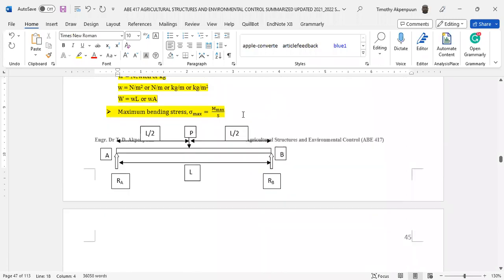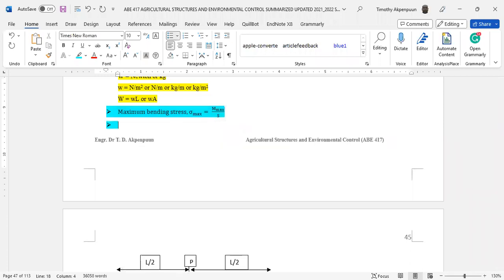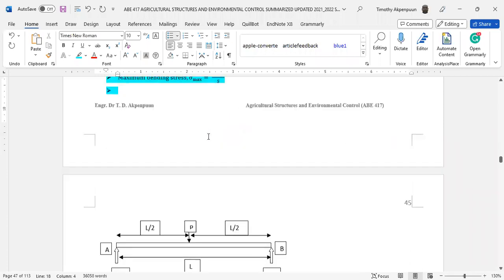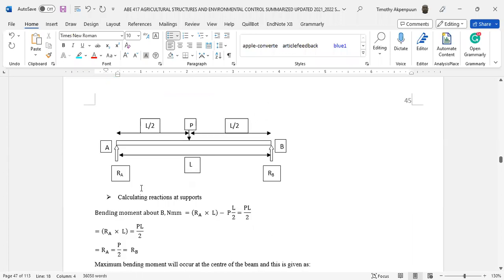So look at this equation now. Maximum bending stress, sorry. You have your M max over S. And you know very well, what is S?